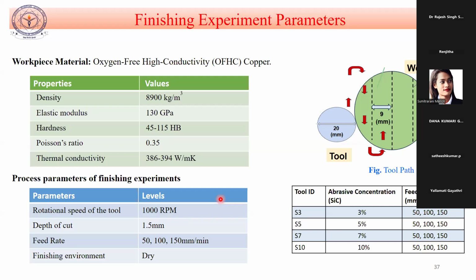So nickel should have a base, and the base weight should be less. And we see that OFHC copper, oxygen-free high conductivity copper, has less density. Less density means obviously less weight. And this is not corroded much. And it can easily adhere to that nickel or some glazing material.